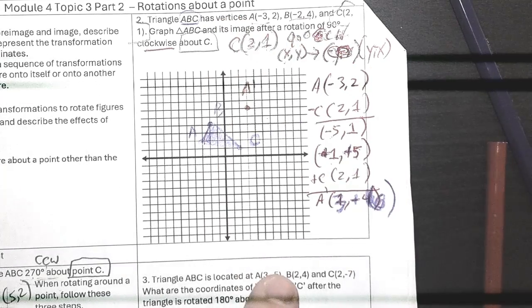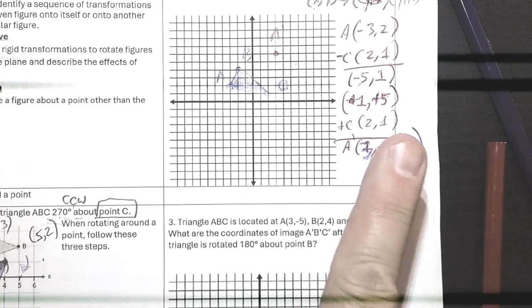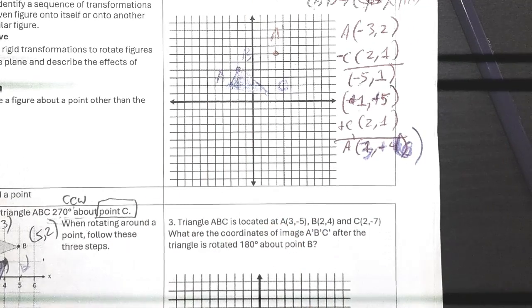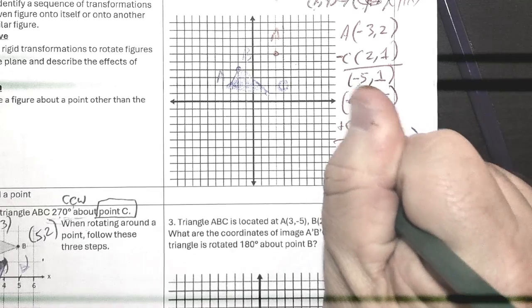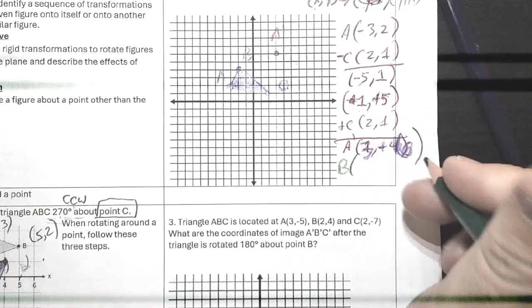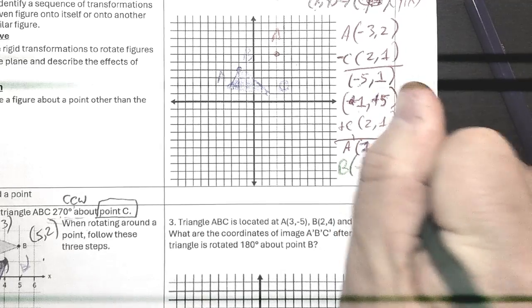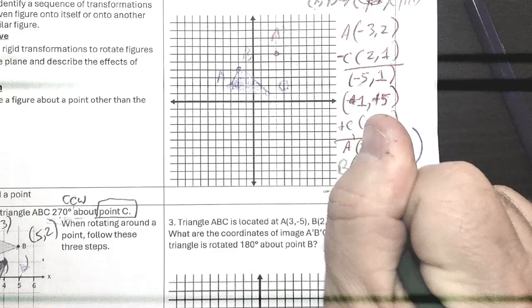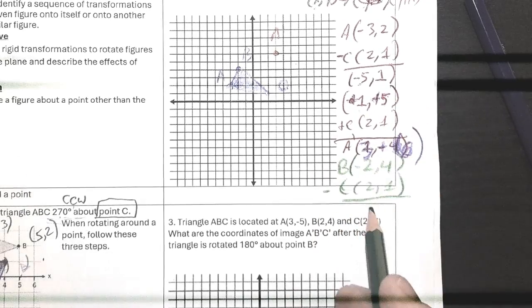All right, so for B, let's do this. So B, I'm going to try to make it fit. It's -2, +4. So first we subtract C. It's 2, 1.